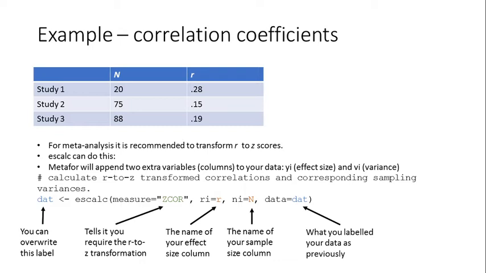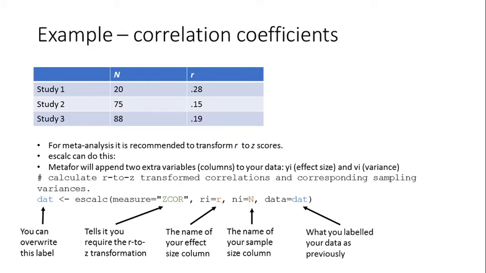The name of your effect size column. So you're saying that is that, and then the sample size, you'll need to give it that as well, and that's the data that you're performing it on.